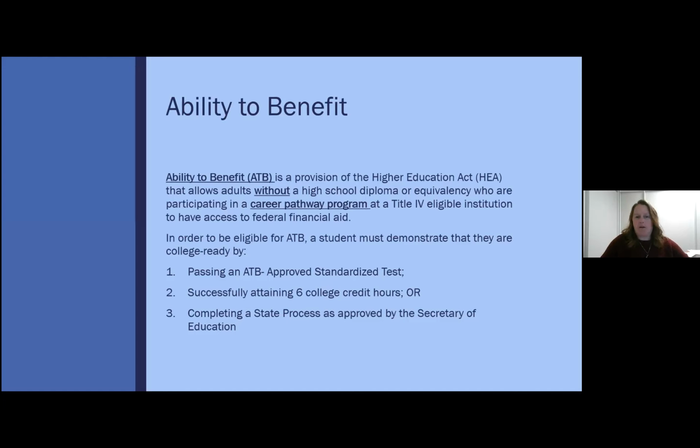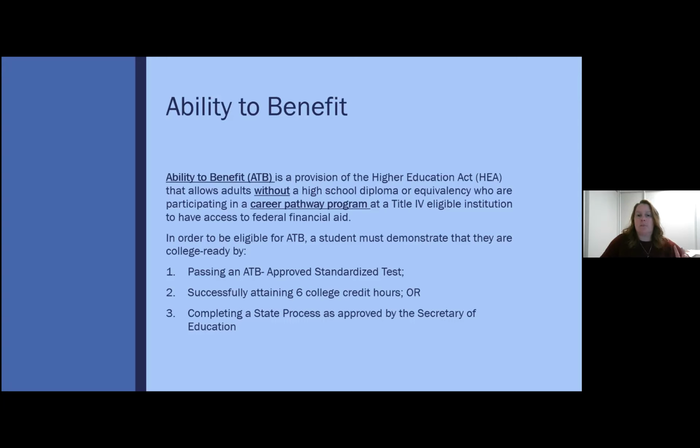For some background about ability to benefit, because I know some of you are super informed of this and some of you are going, what is she talking about? It's a provision under the Higher Education Act that allows adults without a high school diploma or equivalency who are participating in a career pathway program at a Title IV, which is a financial aid eligible institution, to have access to federal financial aid.